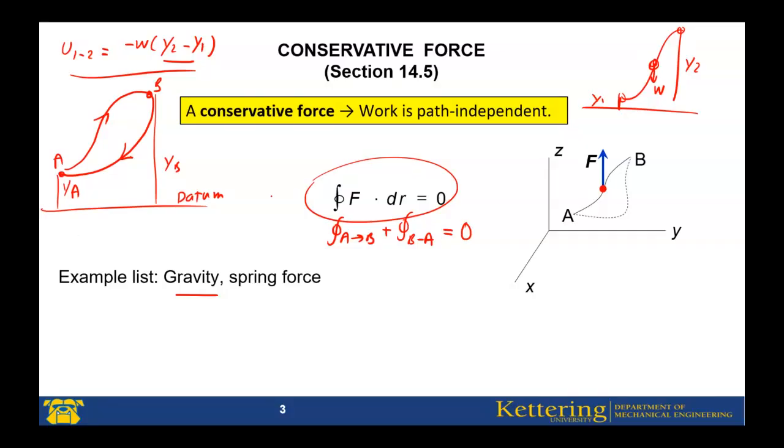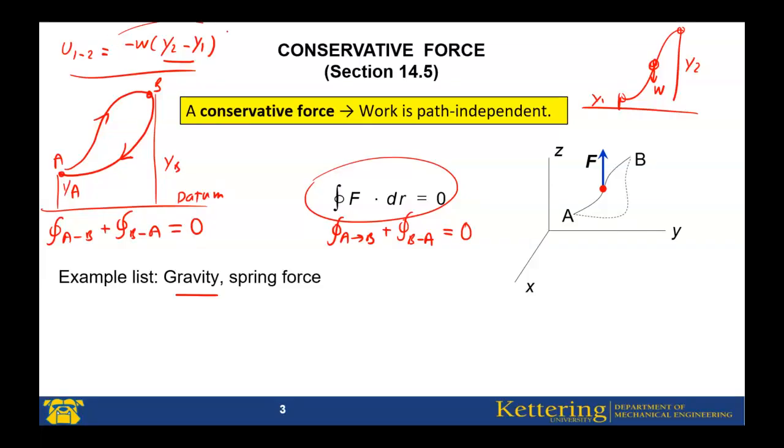Using this integral, as I mentioned, the work from A to B plus the work from B to A, if this is 0, it's a conservative force. If this is not 0, it's a non-conservative force.